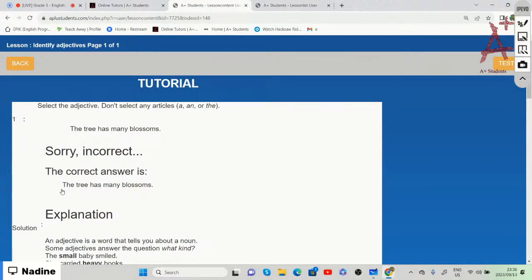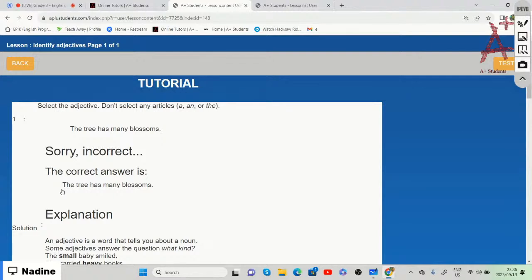So even if you say a big tree, do not select a, because a, an, or the is not an adjective. We do not select any articles, only adjectives that describe the noun.